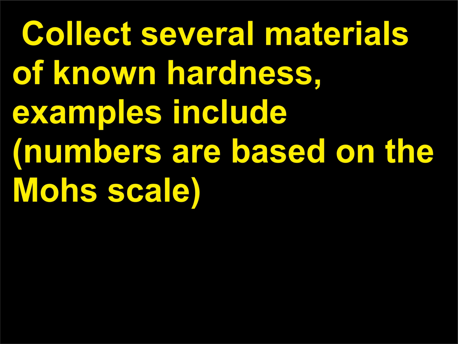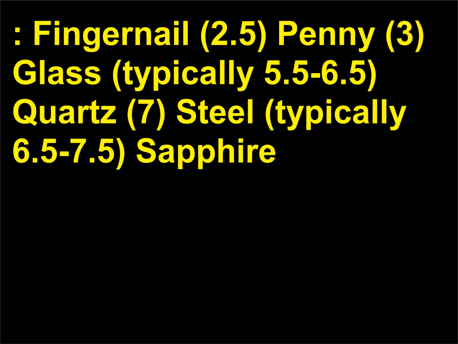Examples include, with numbers based on the Mohs scale: fingernail, 2.5; penny, 3; glass, typically 5.5 to 6.5; quartz, 7; steel, typically 6.5 to 7.5; sapphire, 9.